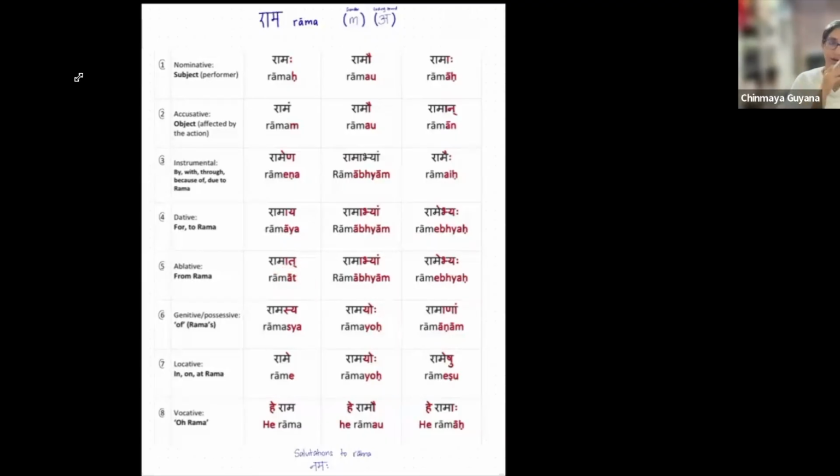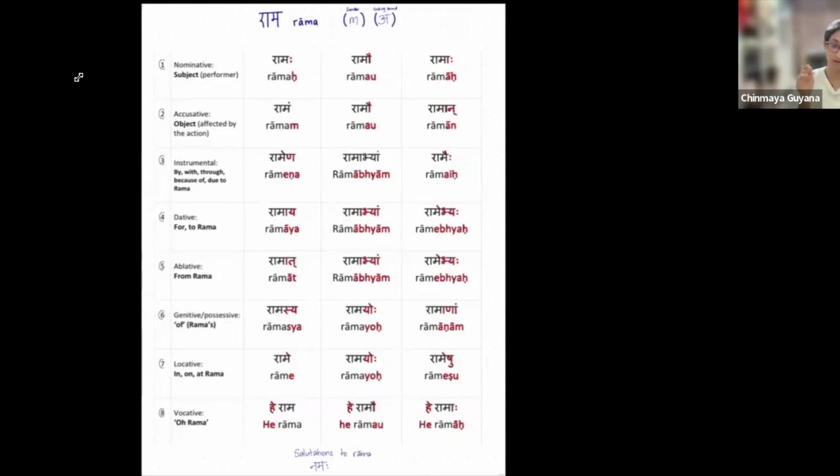If I want to say, in all the Ramas in the world, Bhagavan Rama is inside. In all the Ramas, which word will I use? So you have to say, okay, the word is in. In is which case?